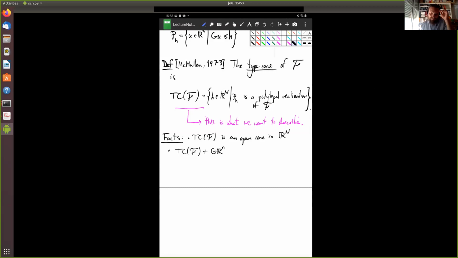So it contains a space that's not very interesting, this G times R, and it's often useful to project to a smaller space to get rid of this linearity space.